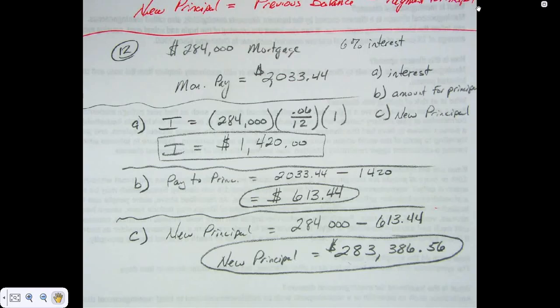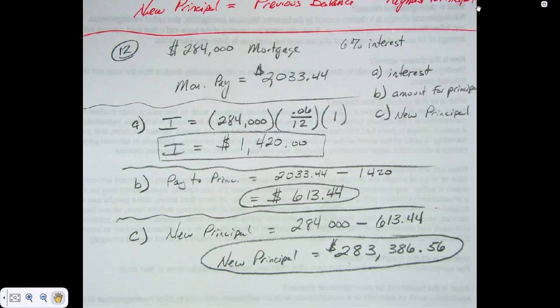Do 2033.44 times 30 and tell me what you get. 2033 times 30 is 61,000 and some, and then times 12. What? $732,038. If this was a 30-year loan, your total you're going to pay out is $732,000.